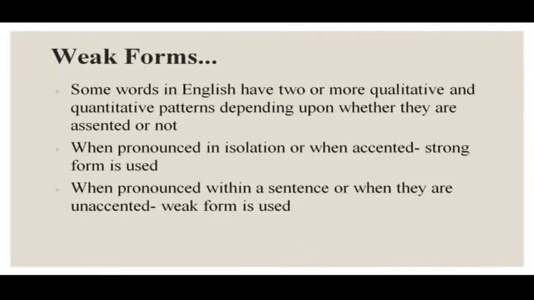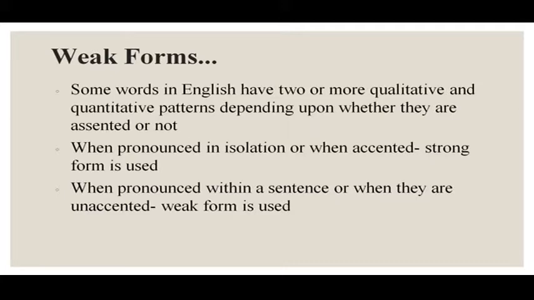The student now needs to remember that there are a number of words in English which have two or more qualitative and quantitative patterns depending upon whether they are accented or not. When these words are accented or when they are pronounced in isolation, we tend to use the strong form of these words.